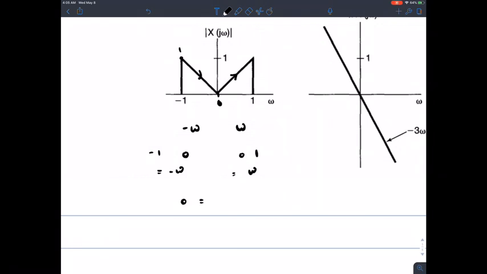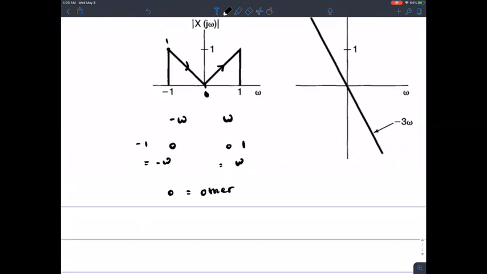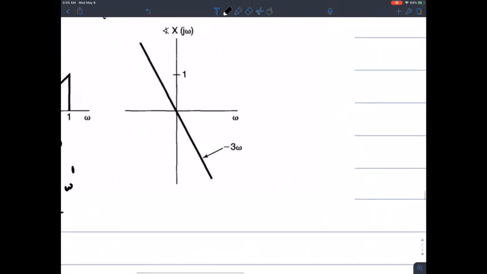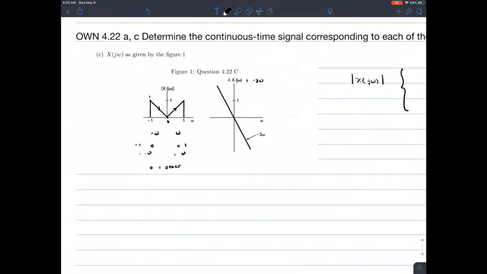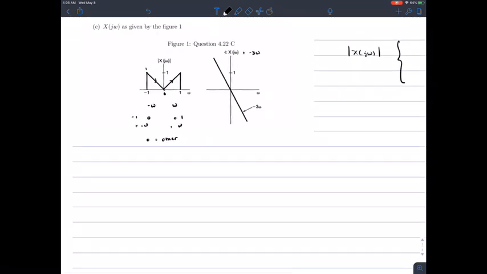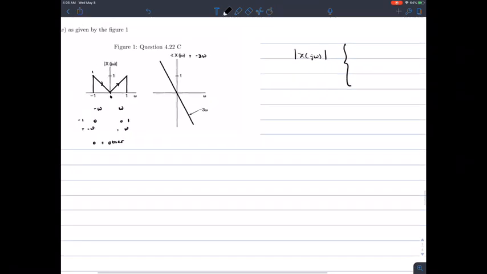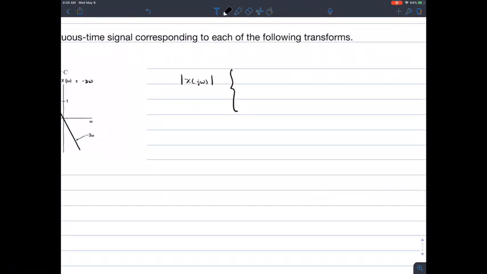And then 0 otherwise. Okay, we're going to turn that into a little table here in a second, okay? And then the slope of this is just negative 3 omega, so that equals negative 3 omega, okay? Alright, so that's where I'm getting these values that I'm about to put in this table over here, okay?